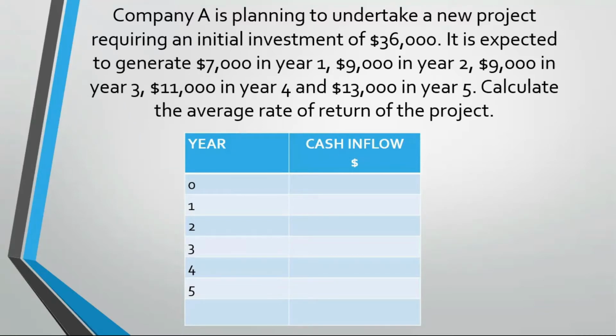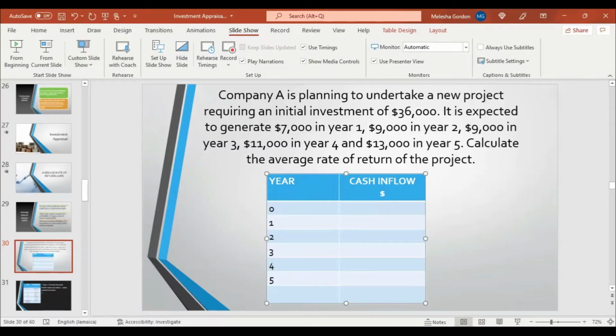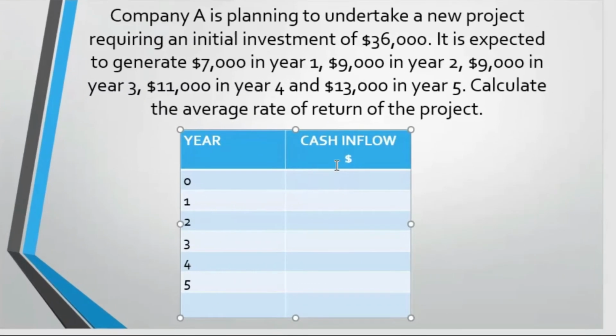Now, the first thing that we would need to do is to find out what the total cash inflow is. Then, of course, at year 0, it's not yet a year, so we would just write what the initial cost of the investment is, which is the $36,000 as we see in the question.